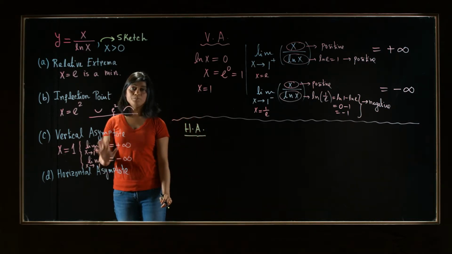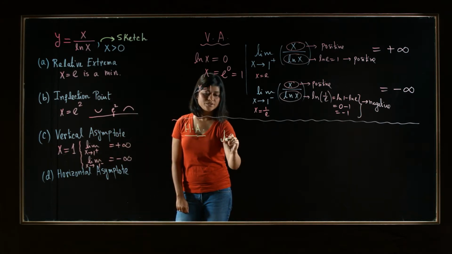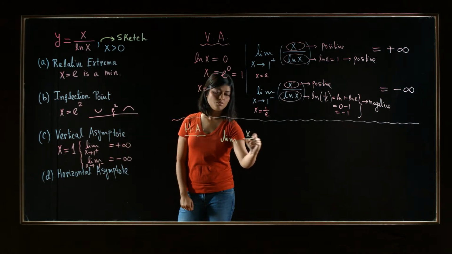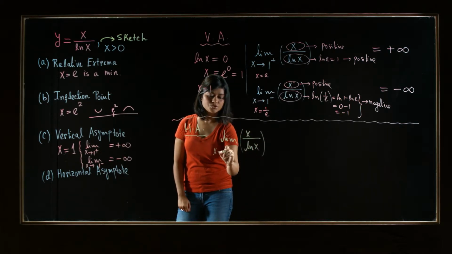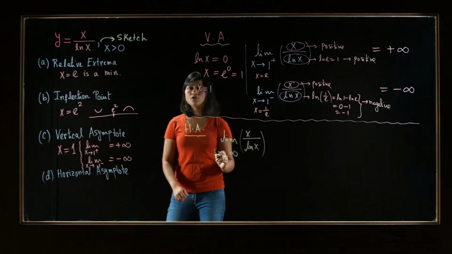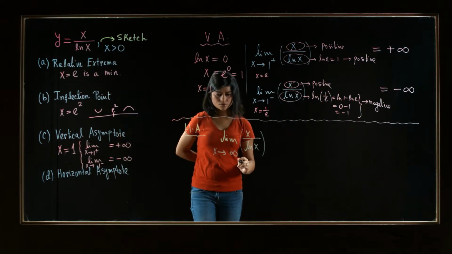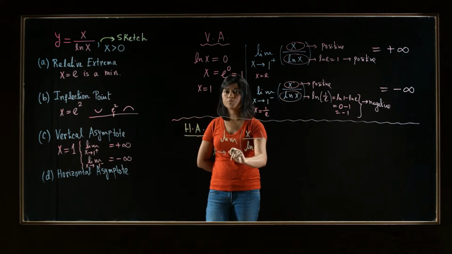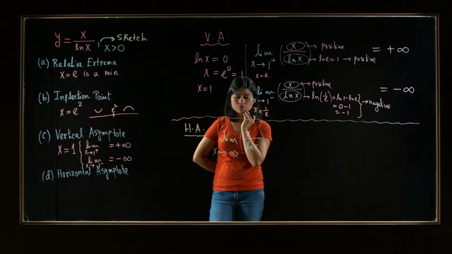Okay, so how do we compute horizontal asymptotes? This is where we look at the limit of this function, x over ln of x, as x is approaching either infinity or negative infinity. Okay, so what is happening here? x is approaching infinity. Is the function approaching any value?